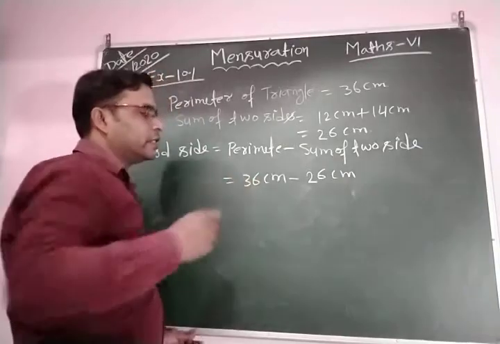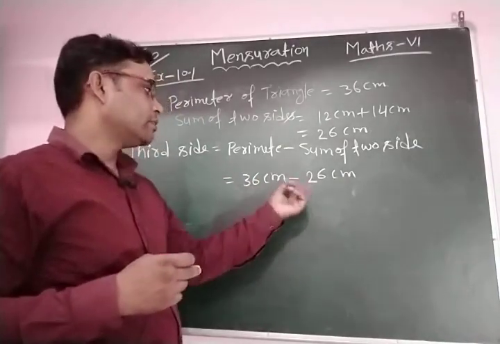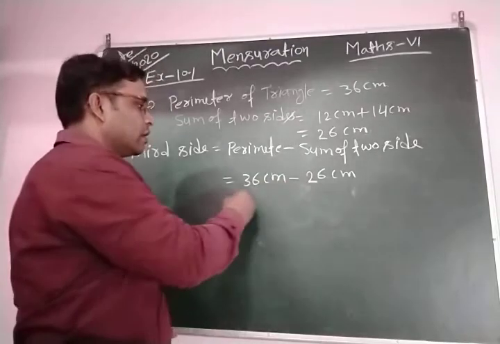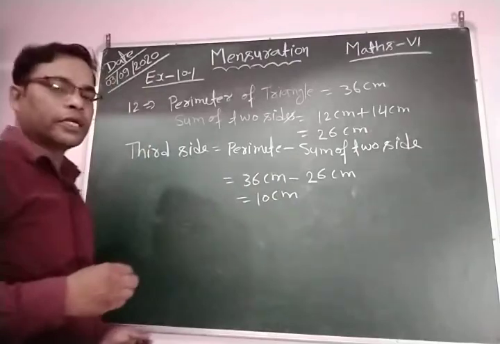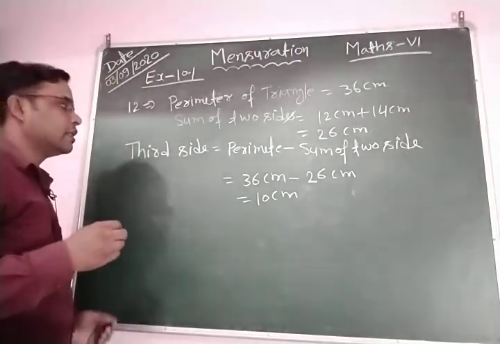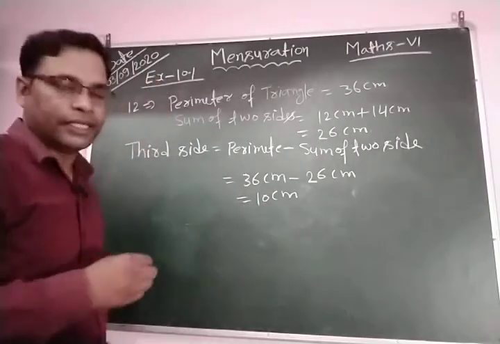If you subtract 26 from 36, then we have 10 centimeters. So at last you can write: hence the third side of the triangle is 10 centimeters.